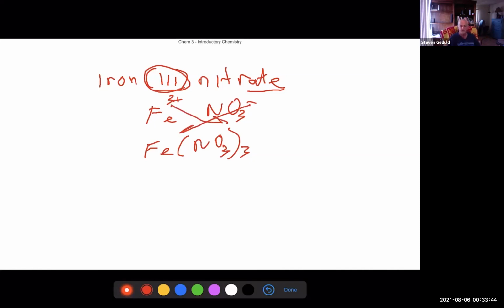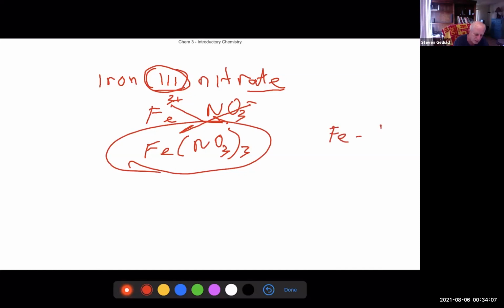So the formula for the compound is Fe(NO3)3. The parentheses mean there are 3 NO3 groups. So in this compound, you have 1 atom of iron, 3 atoms of nitrogen, and 9 atoms of oxygen, because it's NO3 3 times.